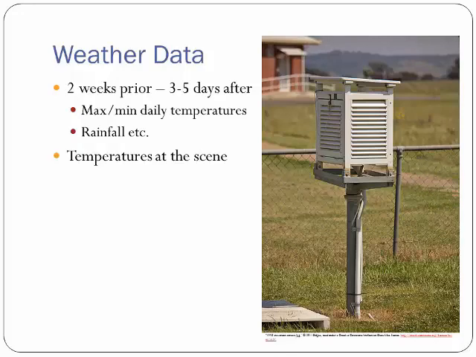So this is why when you pull weather from a weather data station, you're getting 2 weeks before up to 7 days after, because you're leaving a temperature probe where the body was found, and you're going to compare what you pulled from your official data from the weather station to what was actually happening at the scene. If they're significantly different, there's a conversion that you do in order to make it so that they're the same. I'll show you how to do that conversion later this week, so don't worry about that.